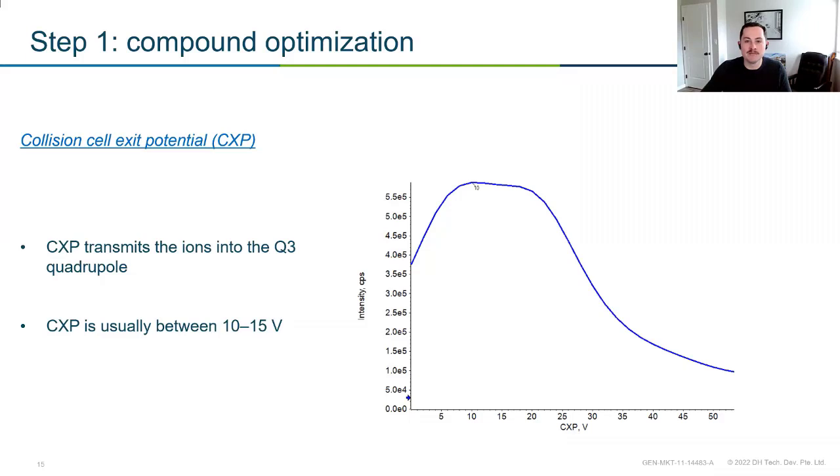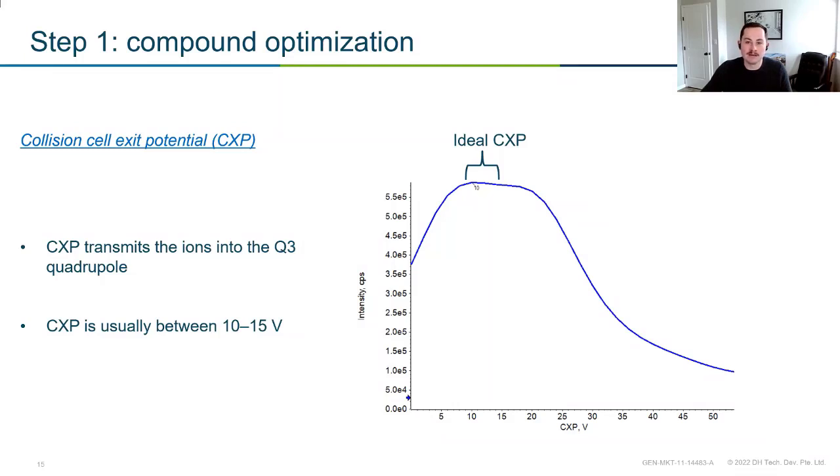Typically, if you're choosing a value within the default range, 10 to 15, you're going to be almost at an optimal value right from the start. And in that case, that's what we see here. So somewhere between that 10 and 15, maybe a value of 12 would be the optimal sort of point to give us the most sensitivity.